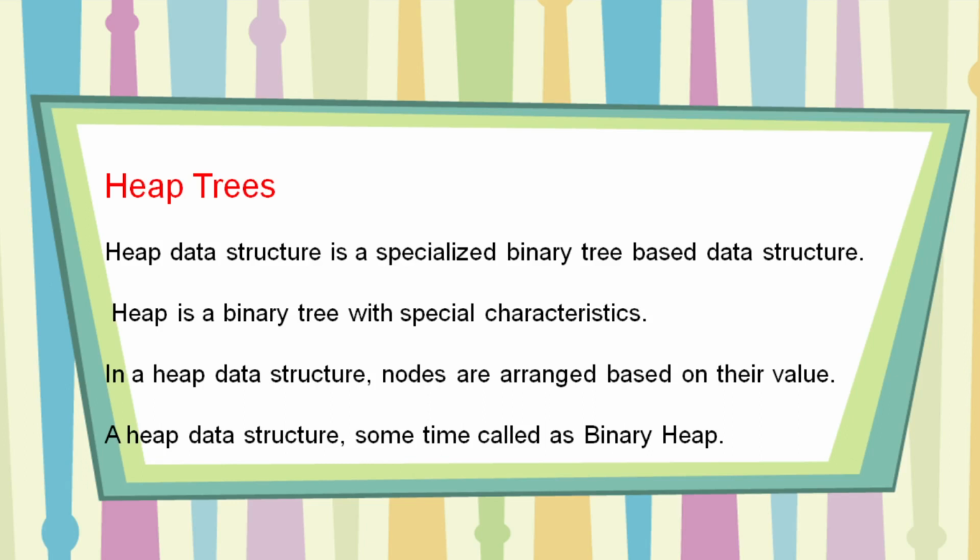However, a heap is not a sorted structure. It can be regarded as being partially ordered. A heap is a useful data structure when it is necessary to repeatedly remove the object with the highest or lowest priority.